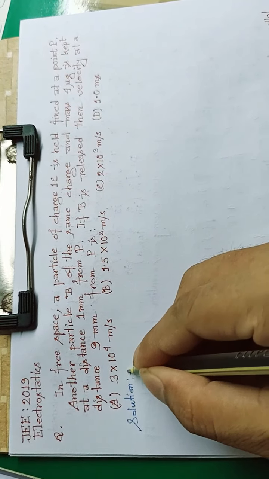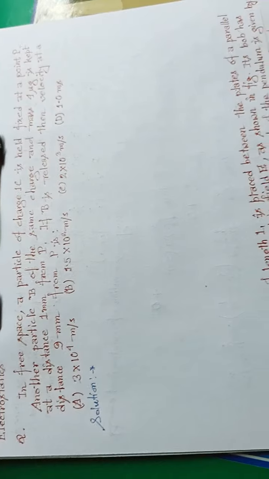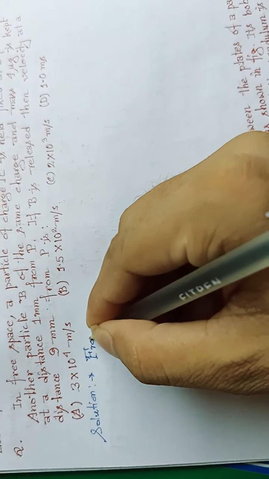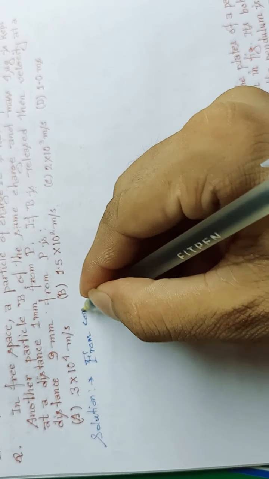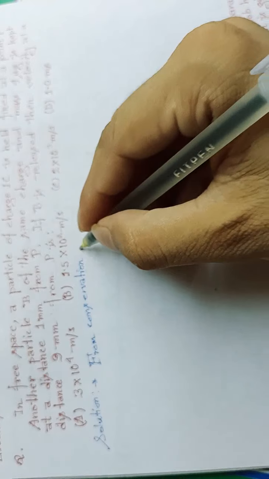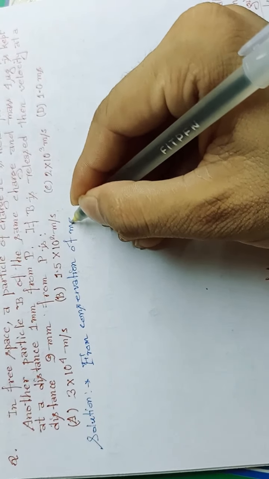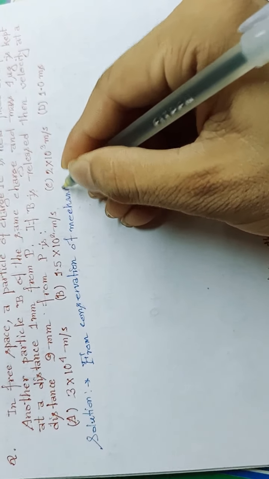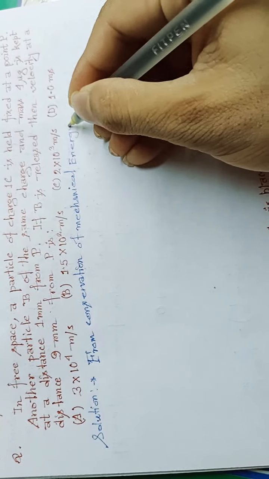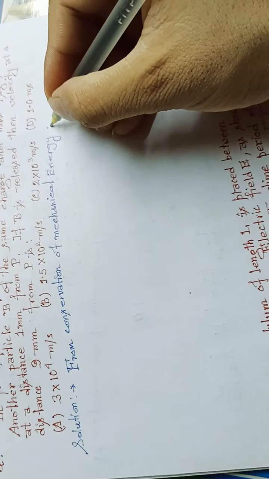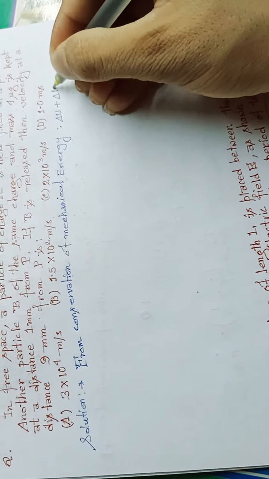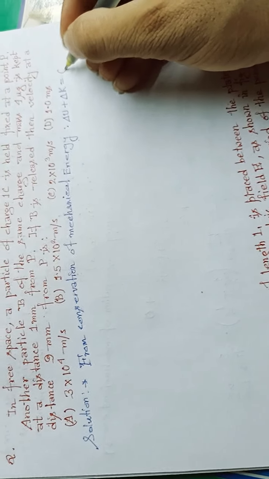For solving this question, first we will consider the conservation of mechanical energy. From conservation of mechanical energy, we can write ΔU, the change in potential energy, plus ΔK, the change in kinetic energy, is equal to 0.